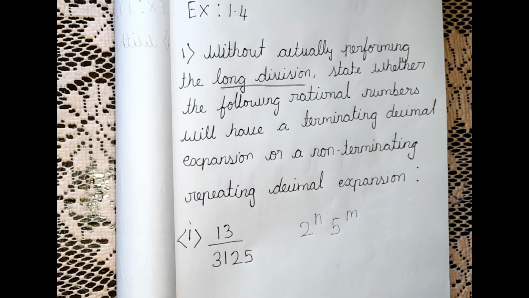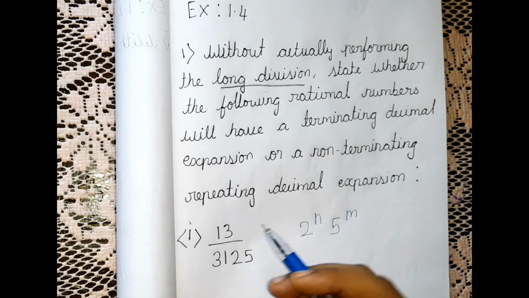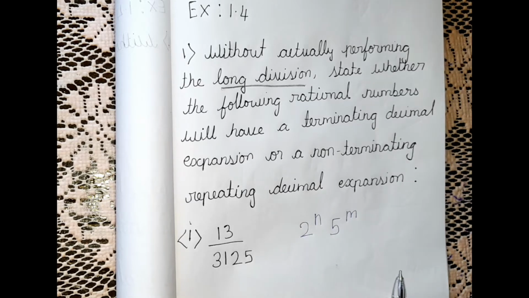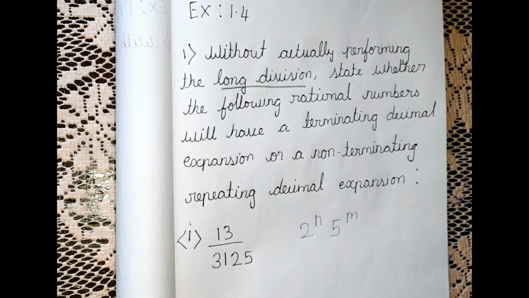Okay. For that, first of all, we should write 13 by 3125; it is in the form P by Q. As you guys know, rational numbers are always in the form P by Q, where Q is not equal to 0 and P and Q are co-primes.